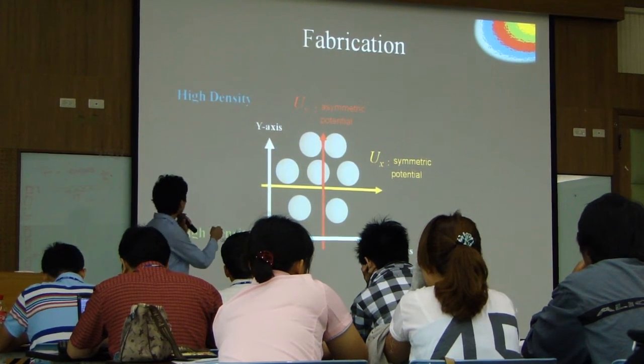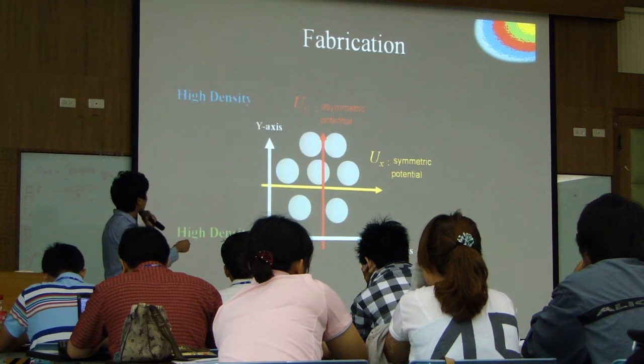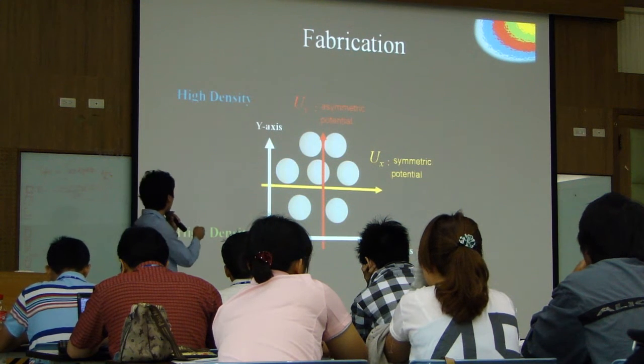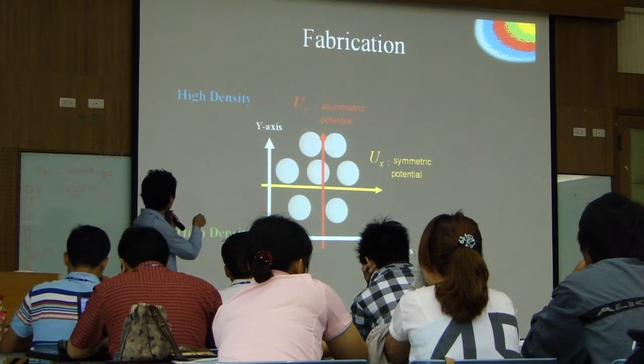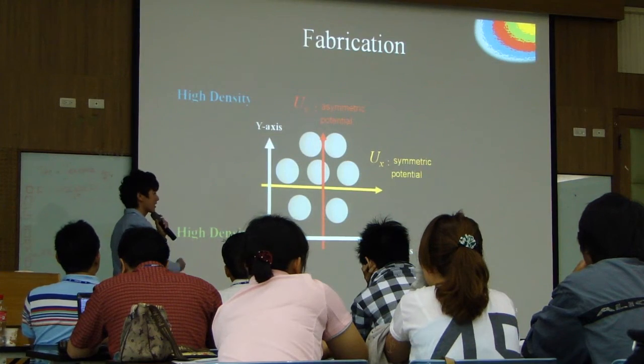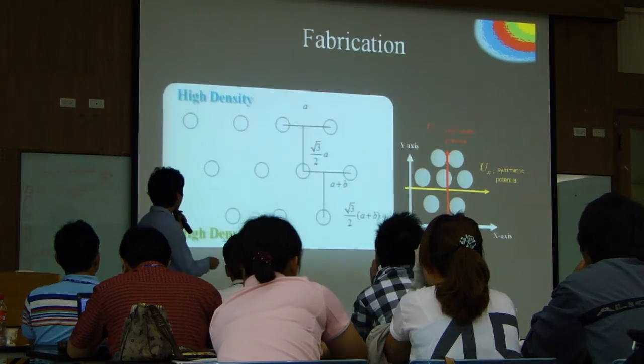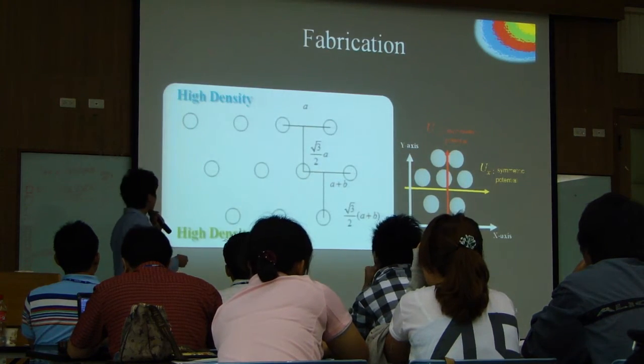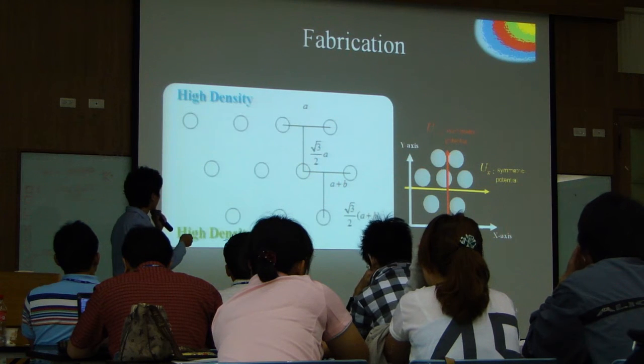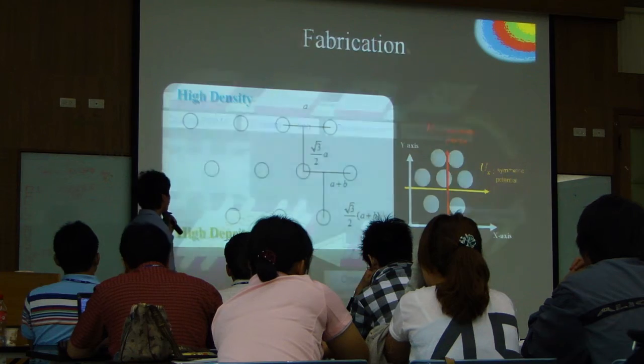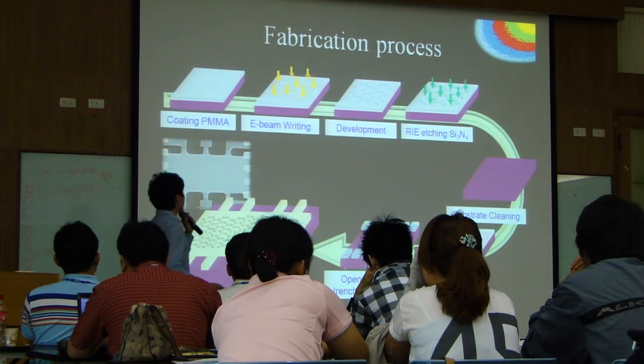Because the interval differs, we get a different density from high to low, as in this figure. So the x-axis will be symmetric and the y-axis will be asymmetric.